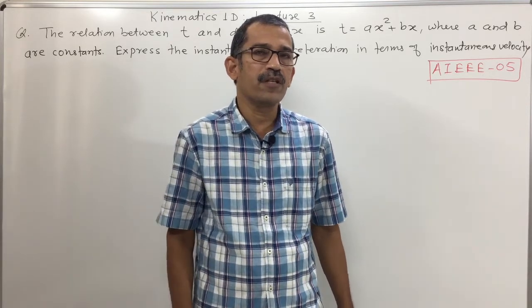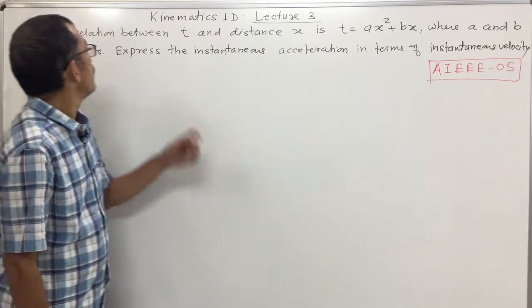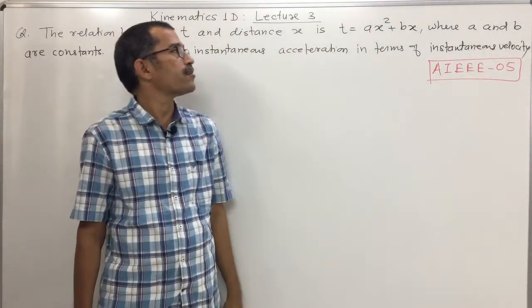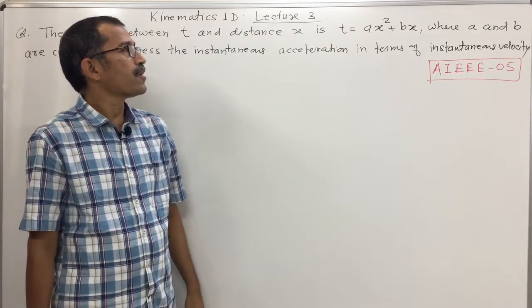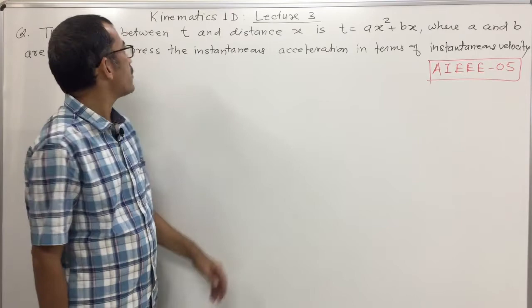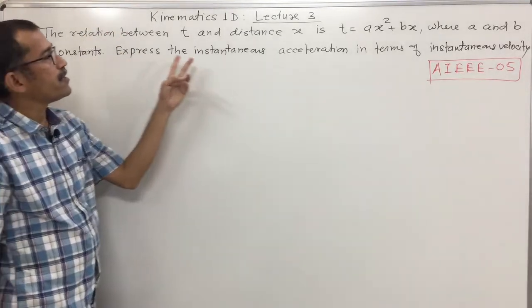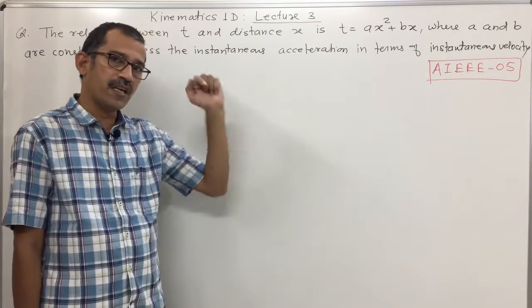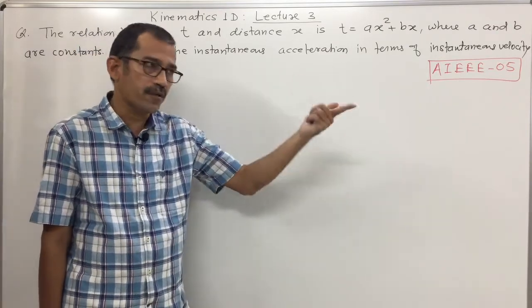See what is given in this problem. The relation between t and distance x is given as t equals ax square plus bx, where a and b are constants. Express the instantaneous acceleration in terms of instantaneous velocity. Means you have to find a in terms of velocity.